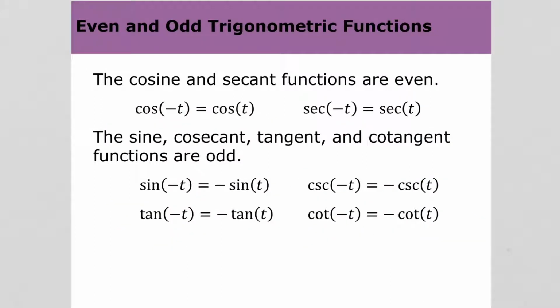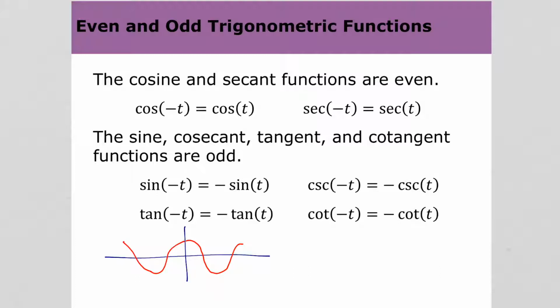Let's look at just a few more things here. Even and odd functions. You'll be able to see this more as we look at the actual graphs of these guys. But the cosine of negative t is the same as the cosine of t. Why is that? Let's draw a quick picture here. Cosine looks like this.